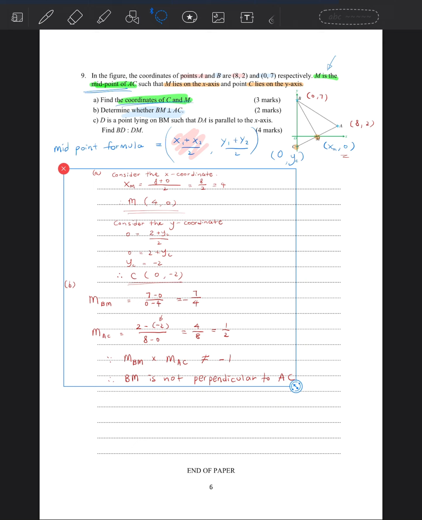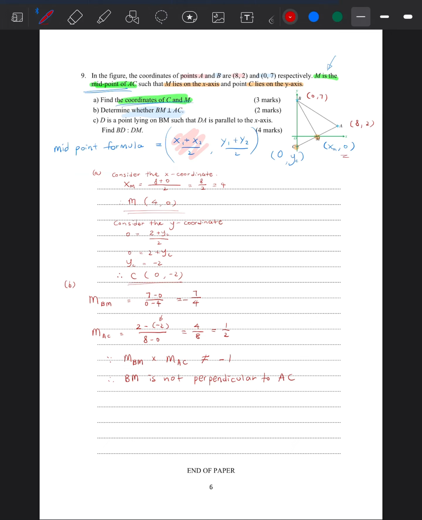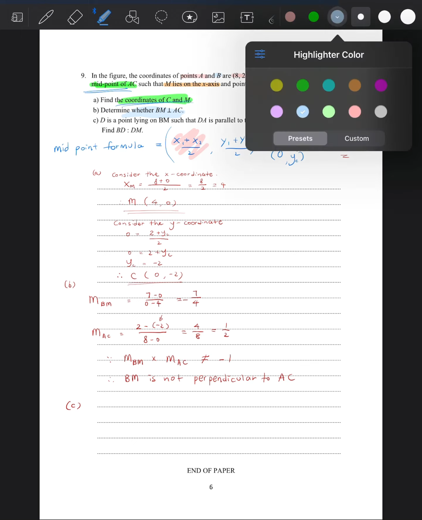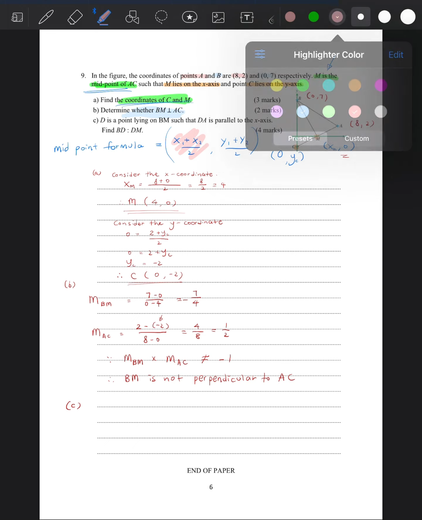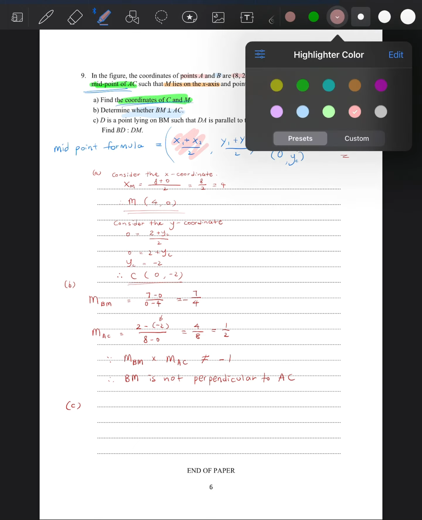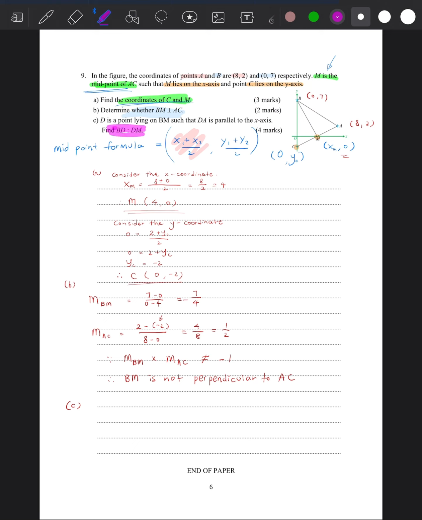So let's look at part C now. So part C here. It says D is a point lying on BM such that DA is parallel to the x-axis, and find the ratio. So when you see find the ratio, you can think of your section formula already. So here you can see that you don't have D in your graph.